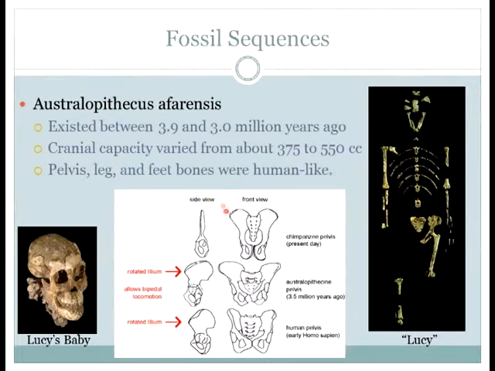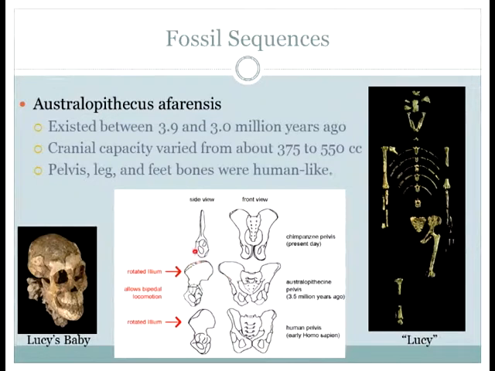You don't have that in a chimpanzee because a chimpanzee doesn't stand upright. But we do have that with the Australopithecus, and we also have it with a modern human. So you've got a progression here. You've got something that has a pelvis very much like a human pelvis, which means that Australopithecus walked upright.